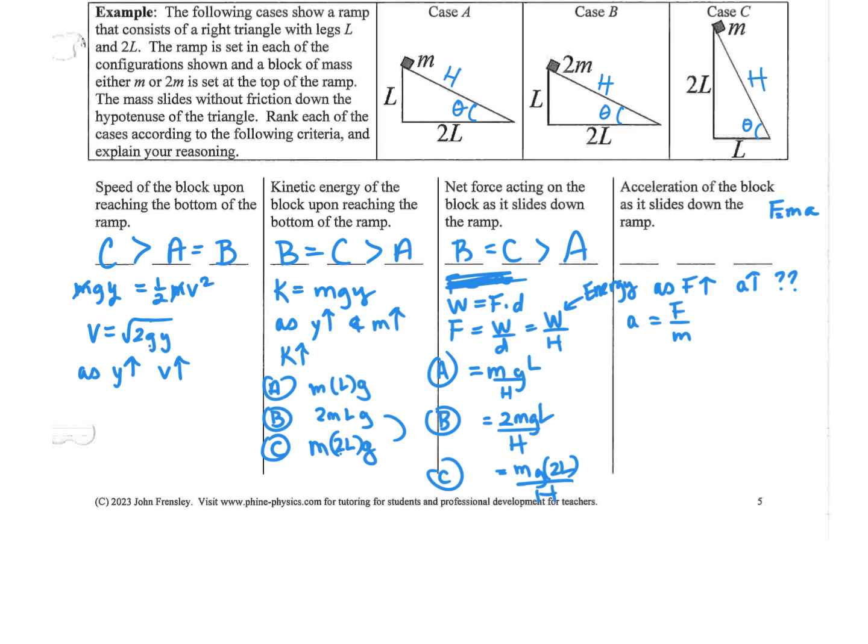We know B has the highest mass, but it also has, or A had, I should say this correctly. Let's just work this out. What do we know? Force acting on the block. Well, guys, by now you ought to know that that is mg sine theta, right? That's the gravitational force acting on the block. So let's look at it this way. Mg sine theta equals ma.